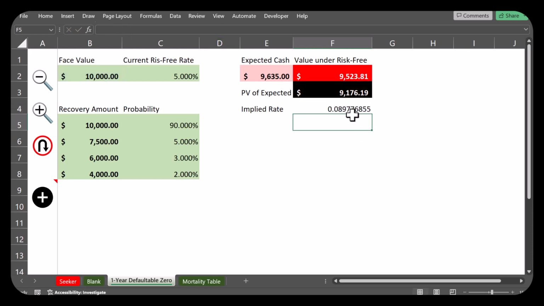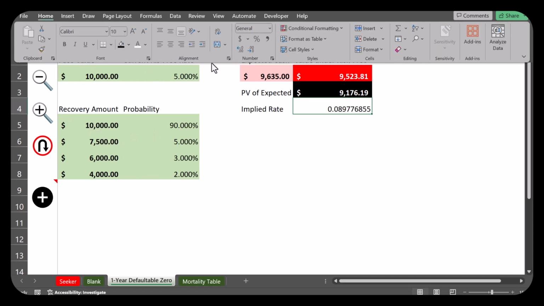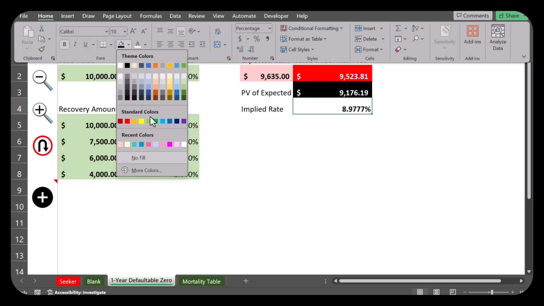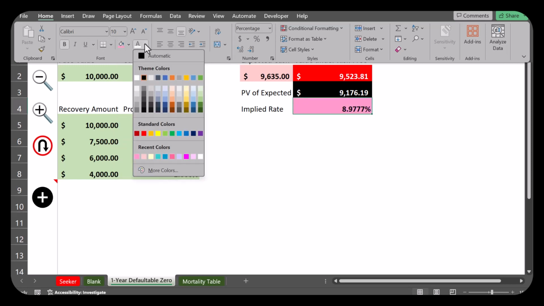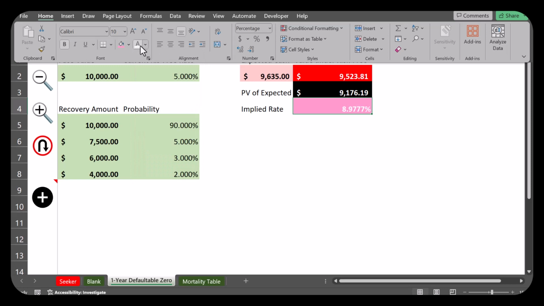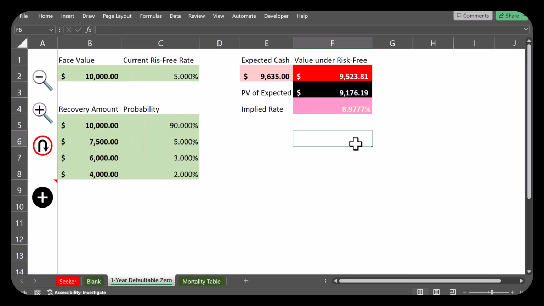And things are simple for 1 year rates. When you do multiple, we're gonna make adjustments for that.